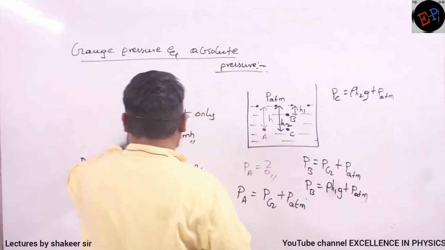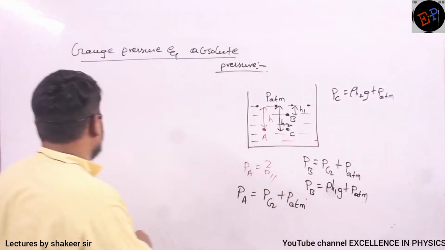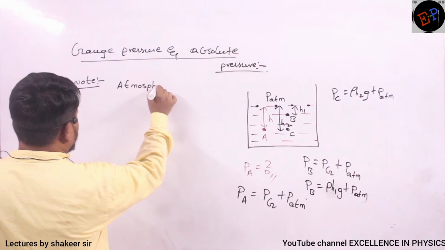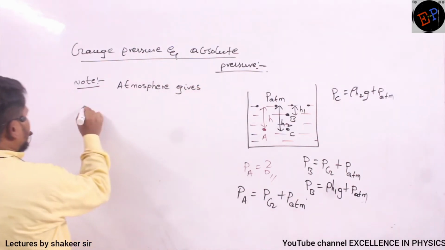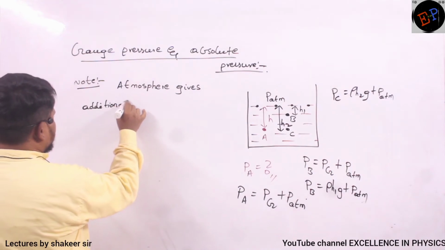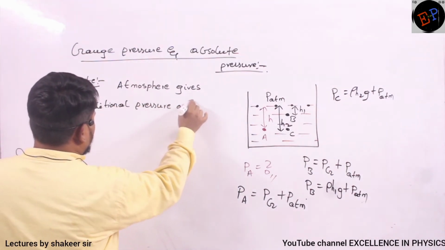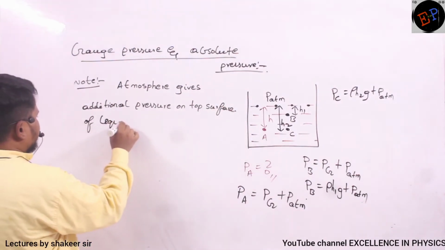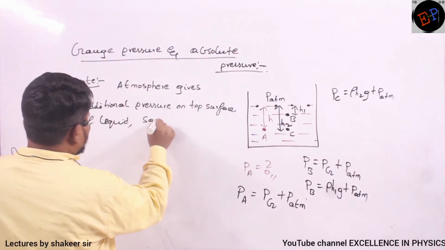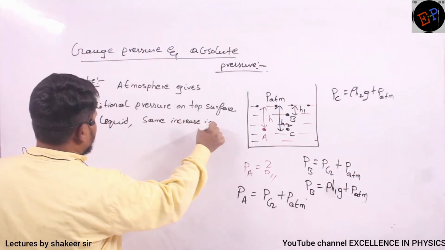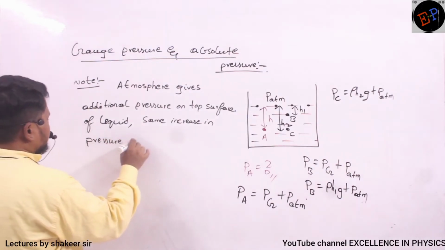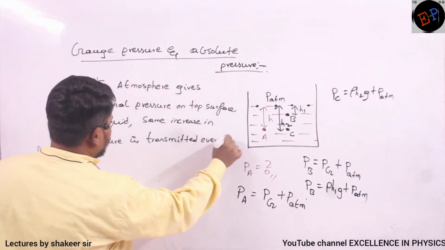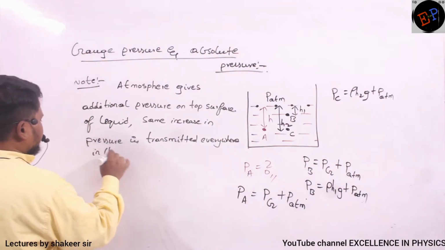So what is the note point I can write? The note point is that the atmosphere gives additional pressure on the top surface of the liquid. The same increase in pressure is transmitted everywhere in the liquid.